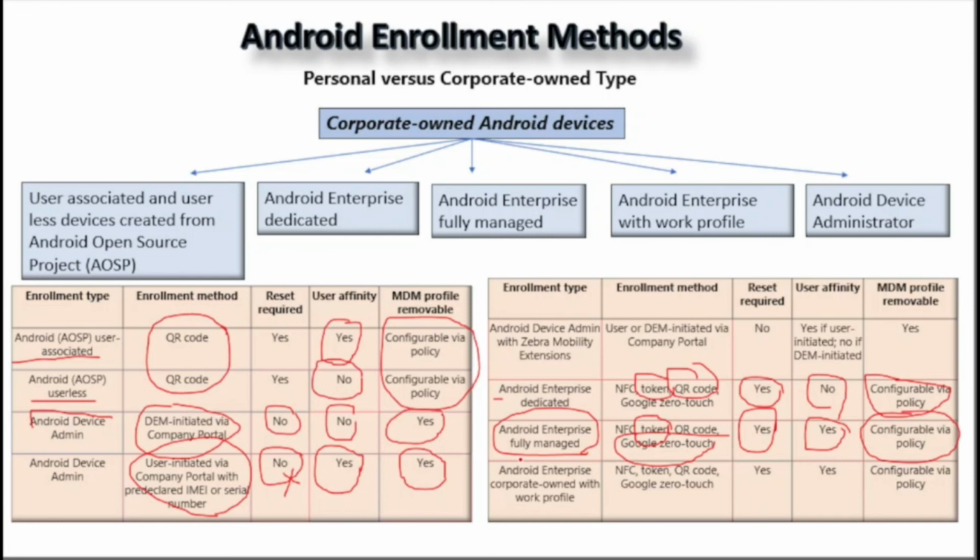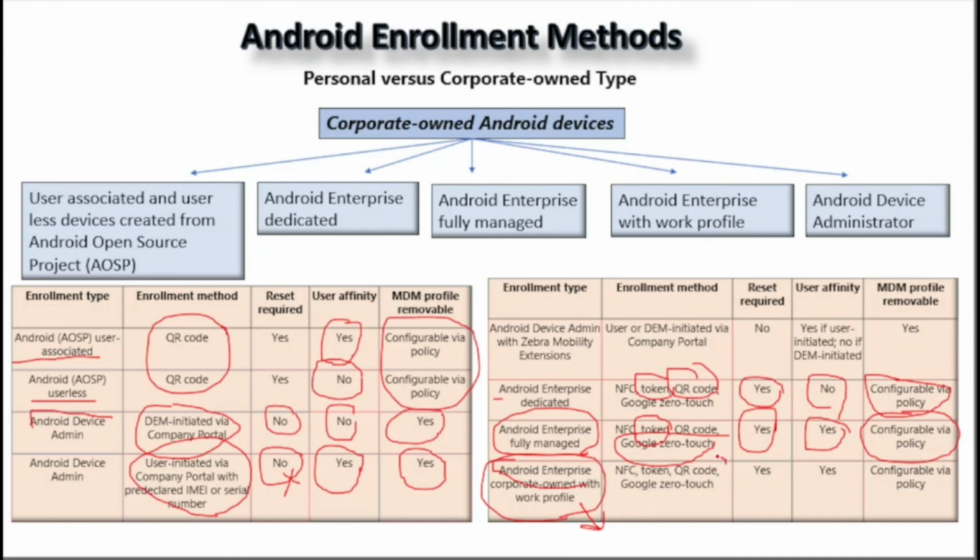In case of Android Enterprise corporate owned with work profile, where the company allows users to use the company devices for their personal use, and the company is only going to manage the work profile created on the device during enrollment.